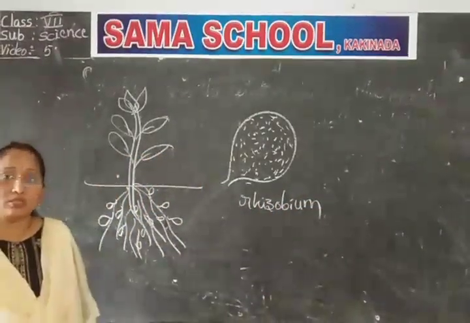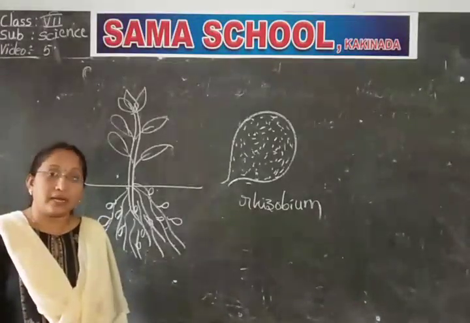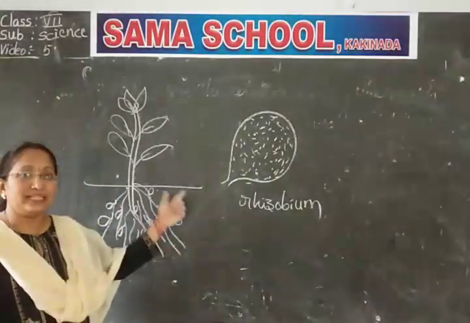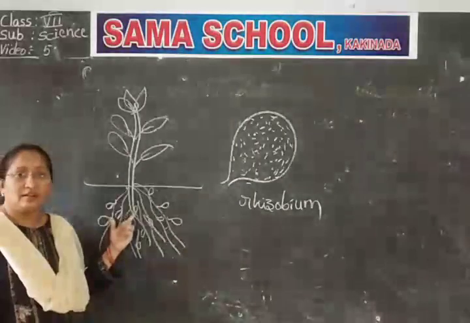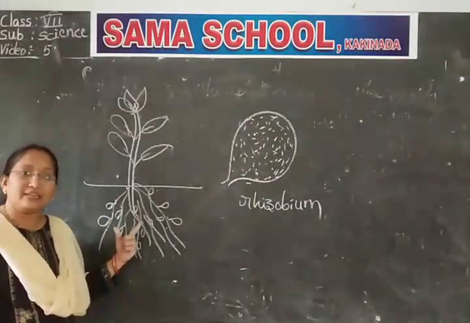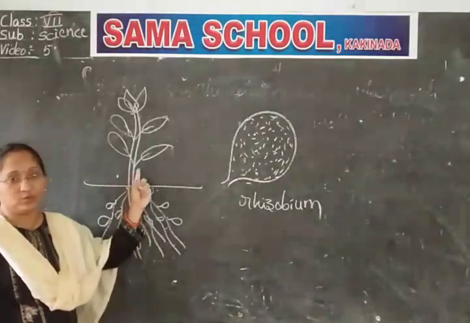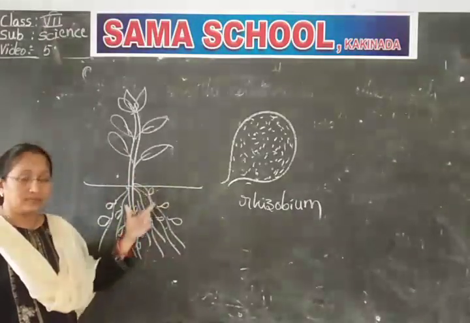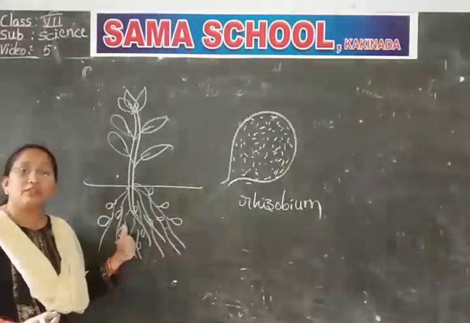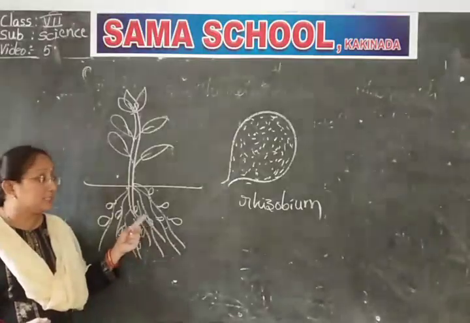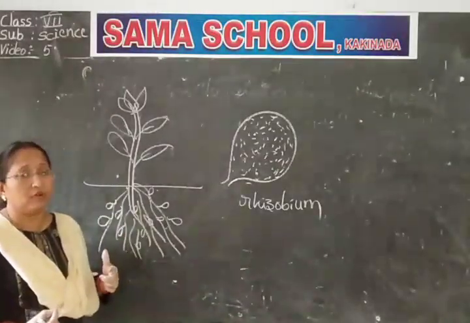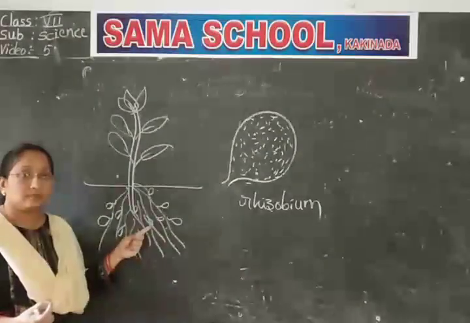Rhizobium leguminosarum. Understand? So the plant is giving its food. Water we will give, minerals we will give through the roots only for the plant to grow, isn't it? That food which is given for the plant will be absorbed by this Rhizobium. It takes some amount of food that it requires.